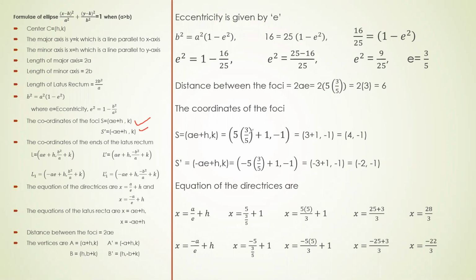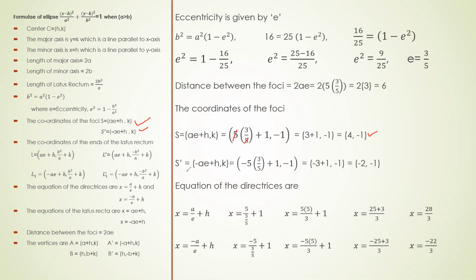The a value is 5, the e value is 3 divided by 5, whereas the h value is 1. So plus 1, comma, the k value we have calculated, it is minus 1. Now 5 and 5 get cancelled. So what is left is 3 plus 1 comma minus 1. 3 plus 1 is 4 comma minus 1. This is one coordinate.